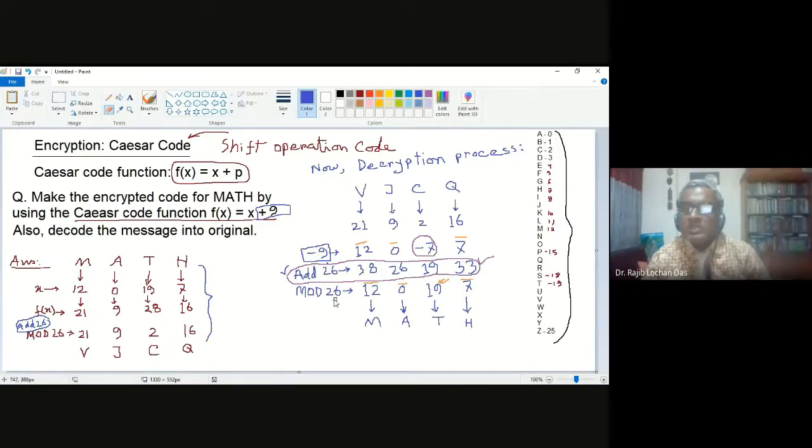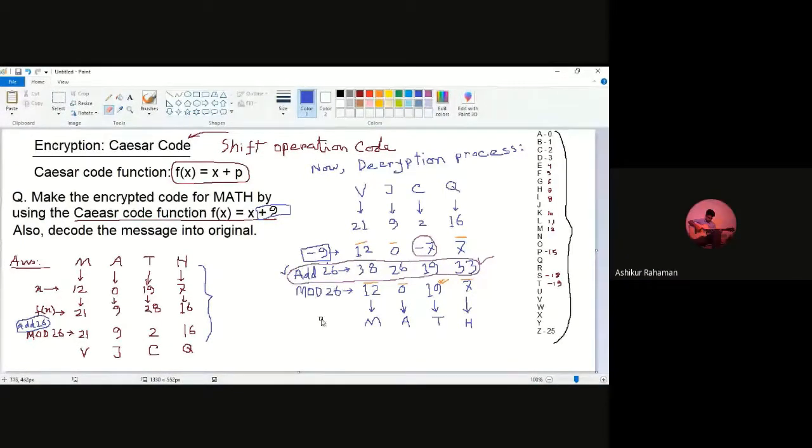Mod 26 is used because we are using 26 letters together. If you have a list of 50 characters, then you will use mod 50. If you have 70 characters, you will use mod 70. Yes, sir. Okay.